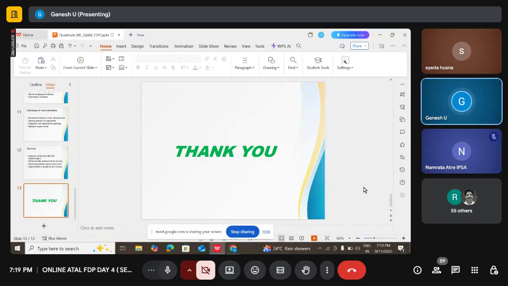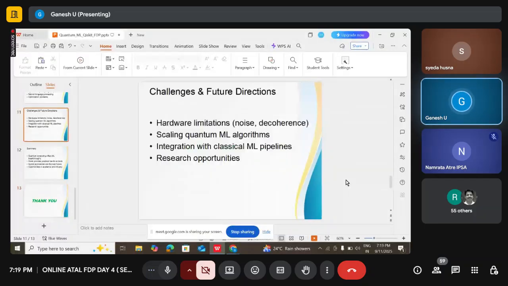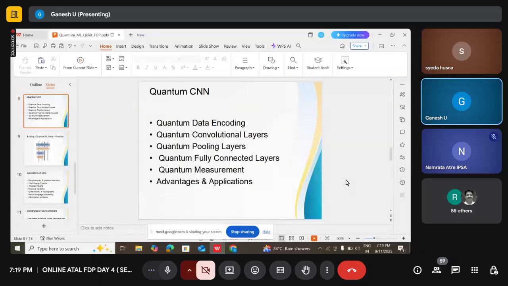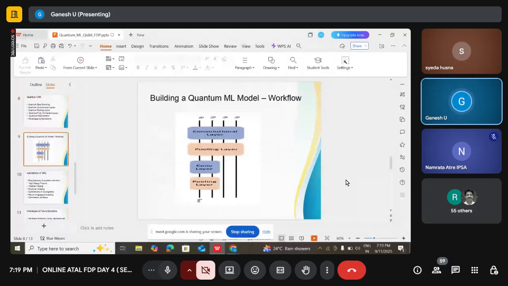Because I covered mostly what the layers are doing in each and every layer, what is happening, theoretically. That GitHub link will show how quantum gates and quantum circuits are working in each and every layer. That is from my side.